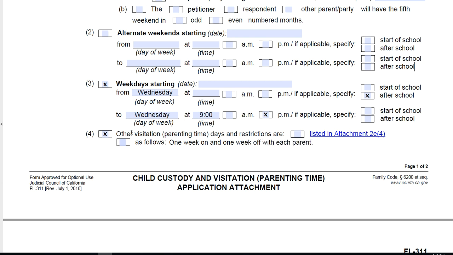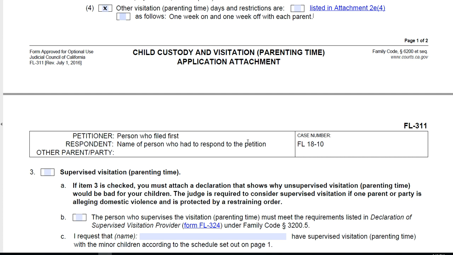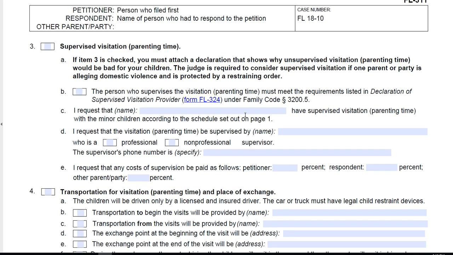If you live nearby each other in the same town so the children can go to the same school, it is possible that on Monday they go to dad's and they're with dad until the next Monday, and then they're with mom until the next Monday, and that goes on, and you can be very flexible. And the more you and the other parent agree, the less the court will just be involved in your life. So it's one of those things to think about is you can agree, or you can just let somebody else make the choice for you.